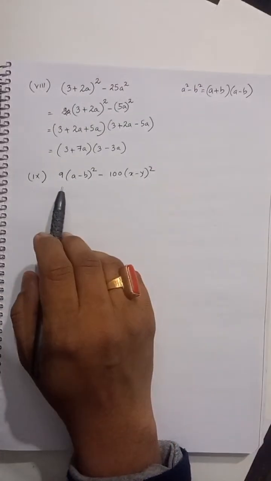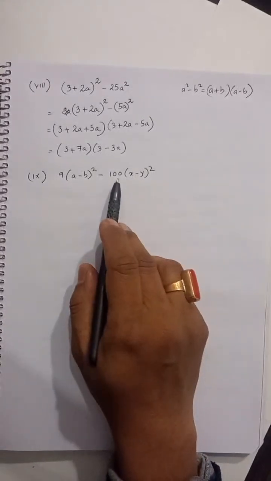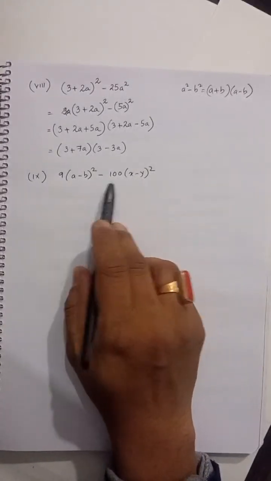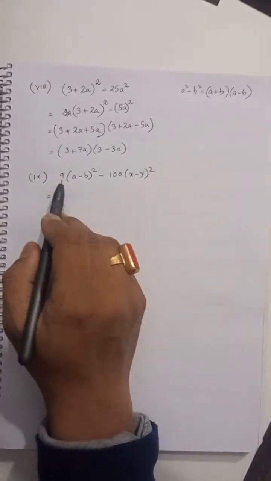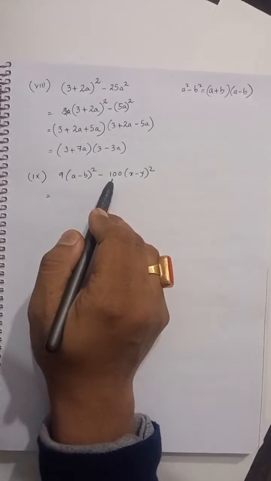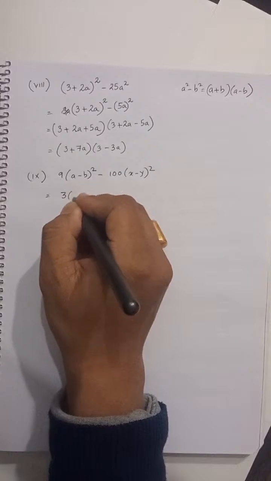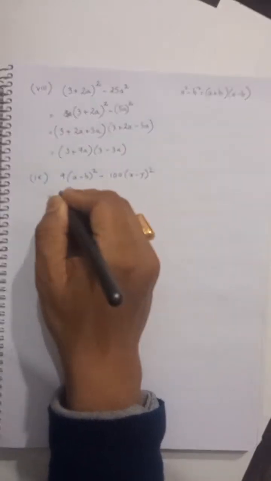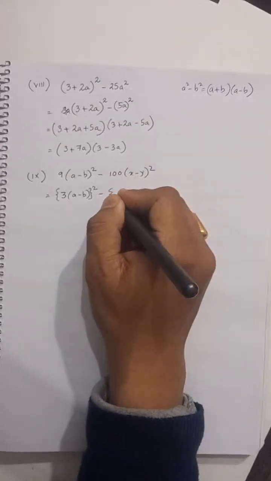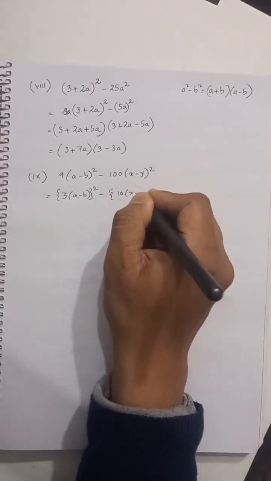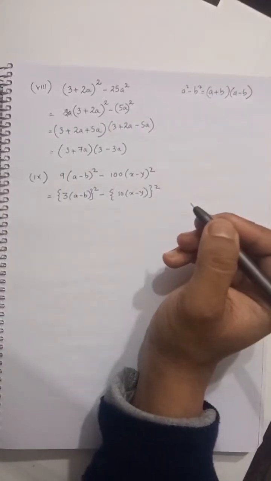Okay, next question. 9 into a minus b whole square minus 100 into x minus y whole square. So 9 is a square of 3, 100 is a square of 10. So we'll write it as 3 into a minus b whole square minus 10 into x minus y whole square.